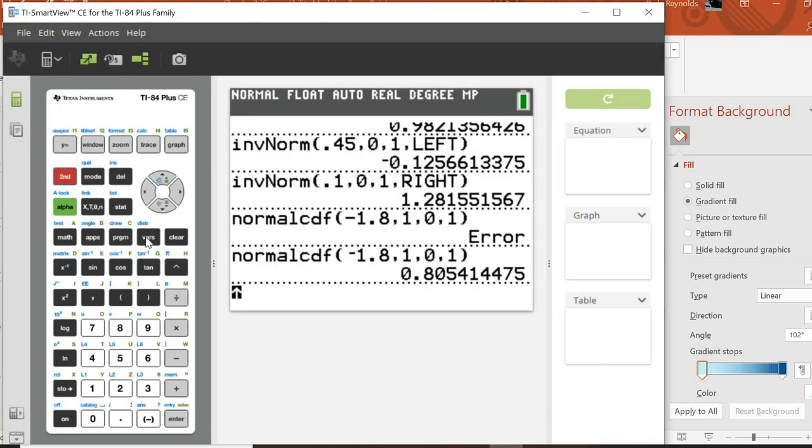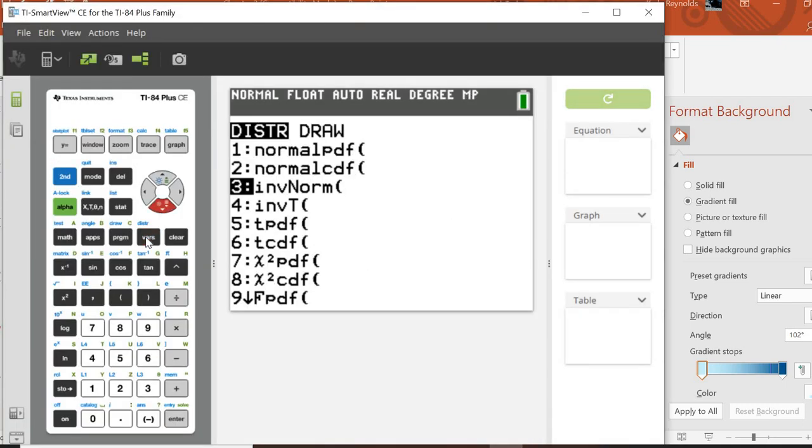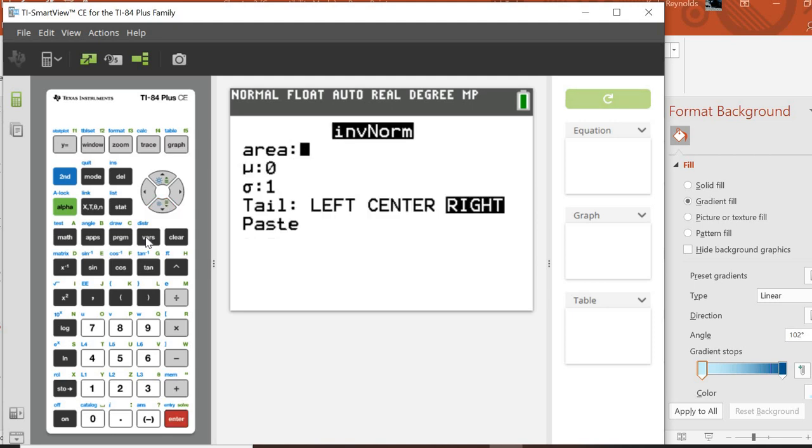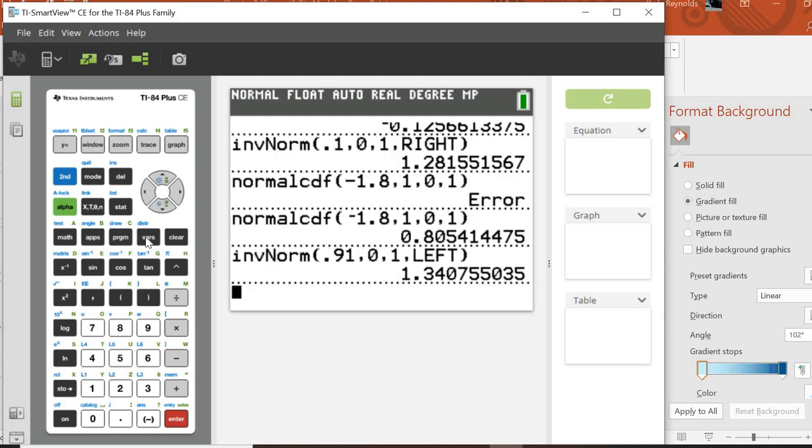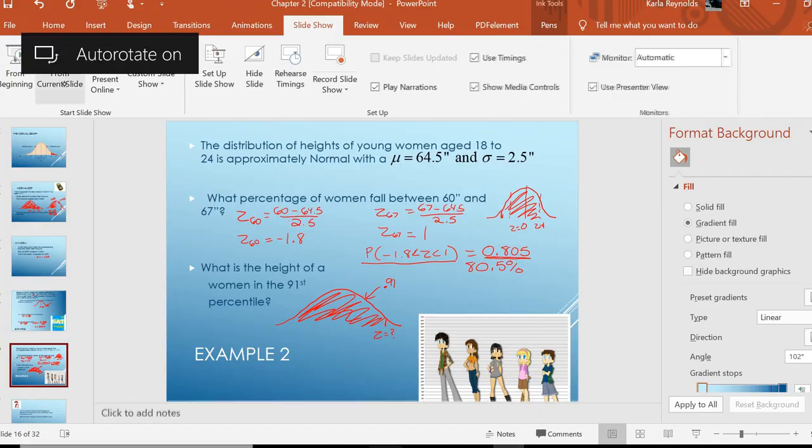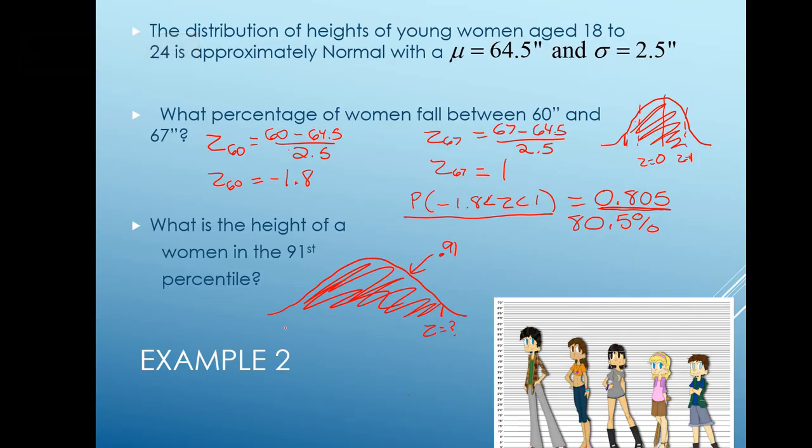So we're going to go second distribution, inverse norm, and we want 0.91, and we're going to the left for a percentile, and the Z is 1.34.